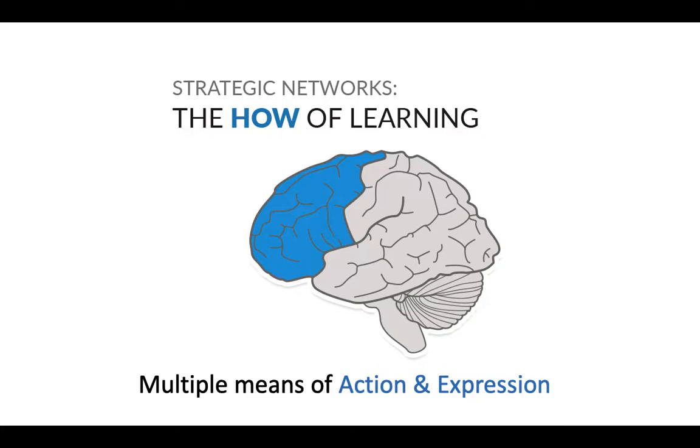And another example is a student with dyslexia might do very well expressing themselves verbally, but do terrible expressing themselves on paper. So these are all things that need to be taken into consideration when planning instructional delivery.